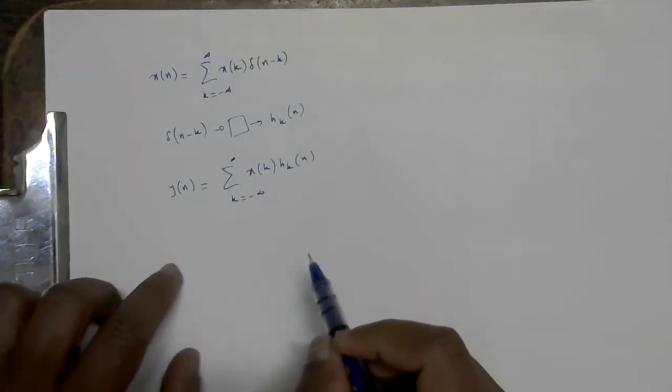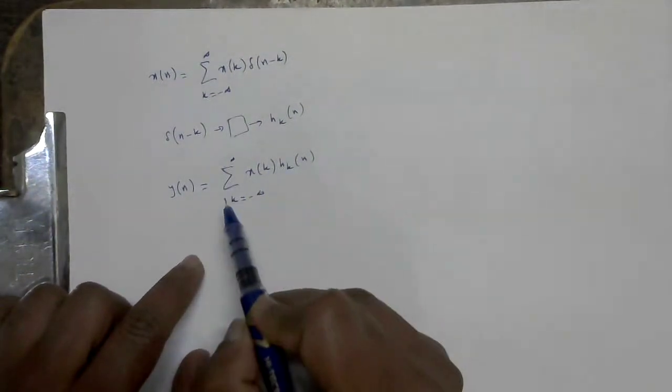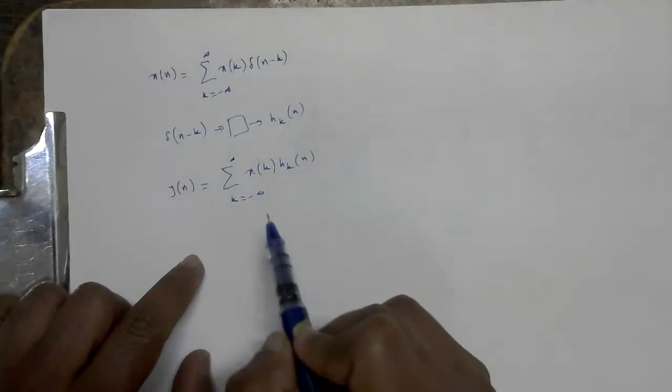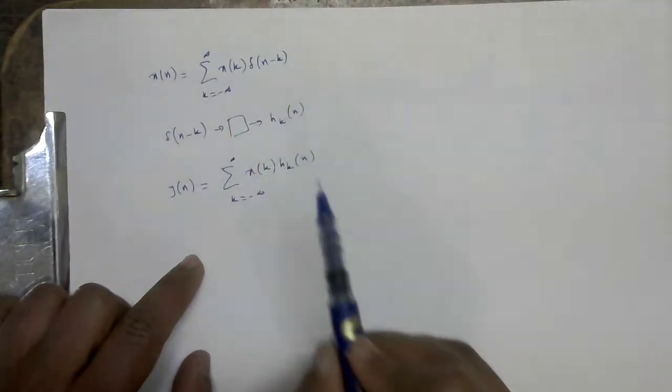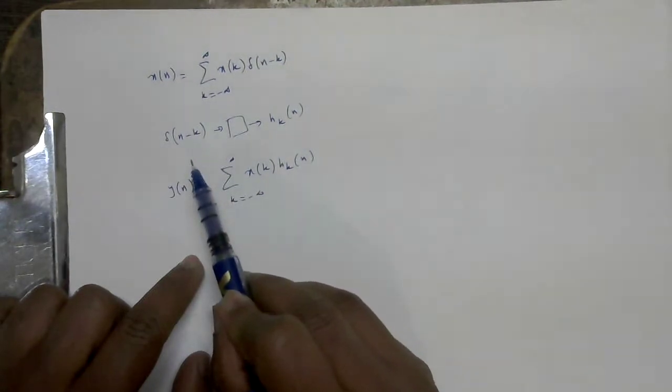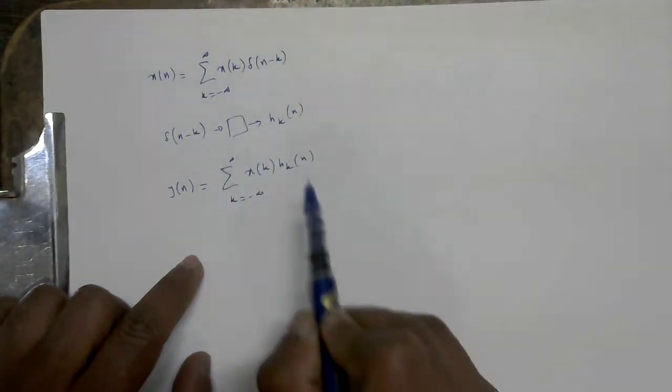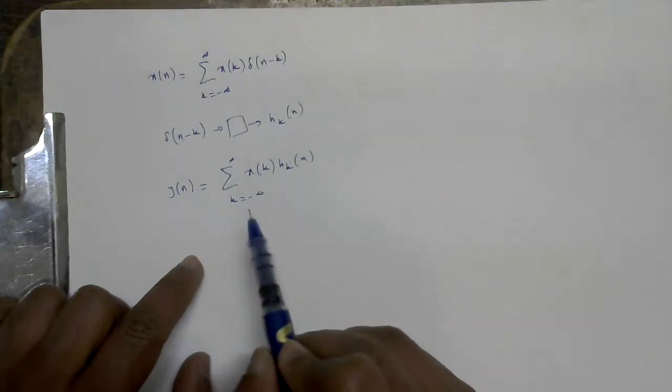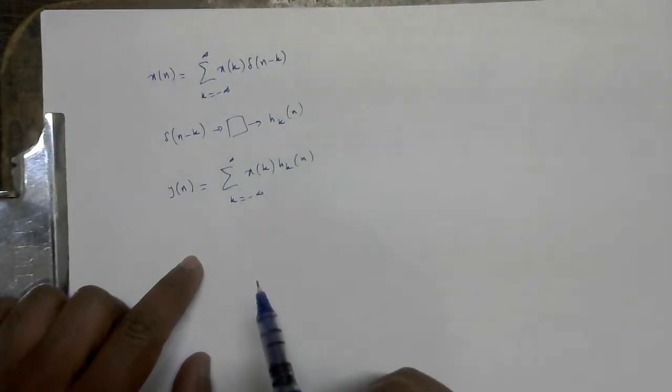So essentially we are able to determine the output to an arbitrary input if we know the responses to individual shifted impulse functions. This is coming because of the property of linearity of the system.